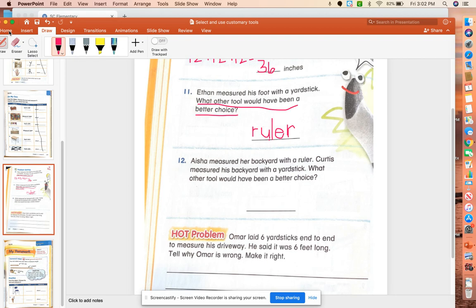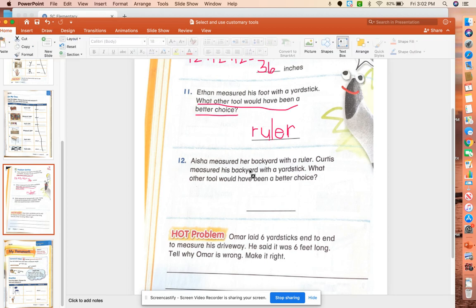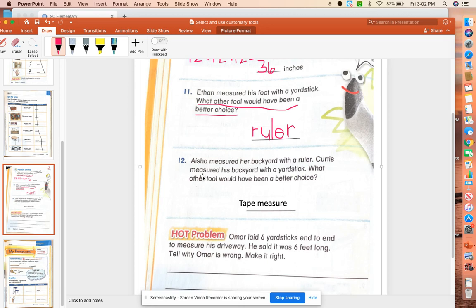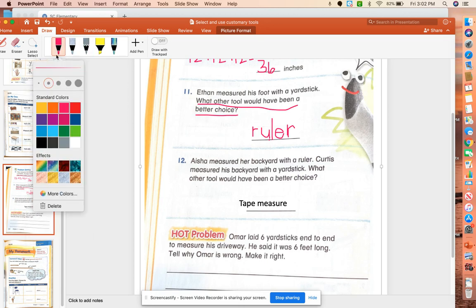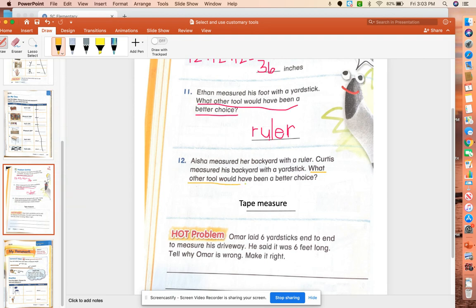I'm always using a tape measure. So I'm going to write tape measure on that line because they want to know what other tool would have been a better choice.